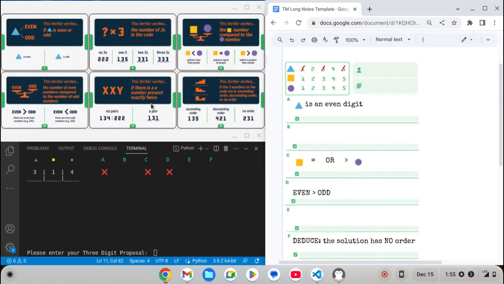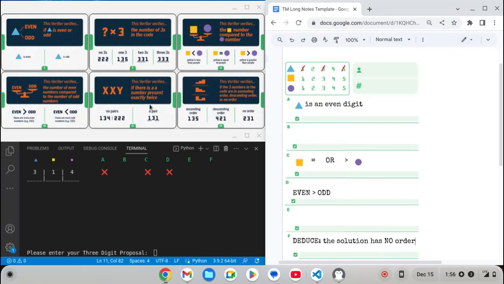And I think we can make a similar argument that if we do have a pair of digits, as I mentioned at the top of the video, regardless of whether the pair of digits are next to each other, as in 331, or of the form of 131, where that middle digit separates the pair, both of those examples would exhibit no order.